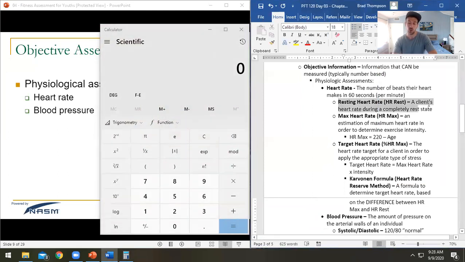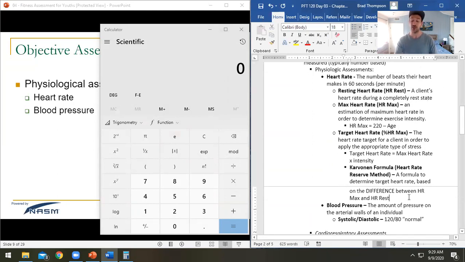Now, go back to what we mentioned before. We know that a lower resting heart rate is associated with a healthier heart. So if we take into account their resting heart rate when we choose a cardio intensity for them, that can give us a very different number.